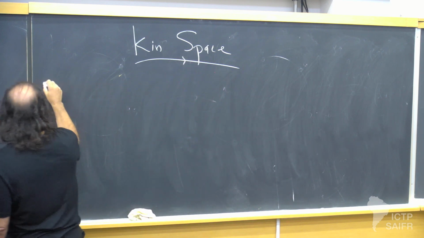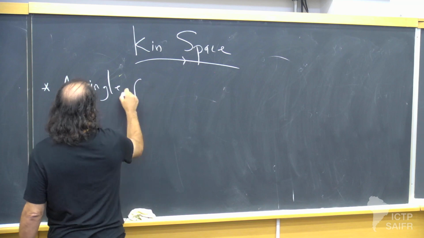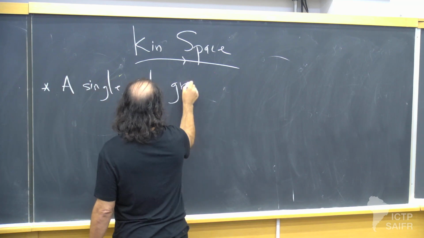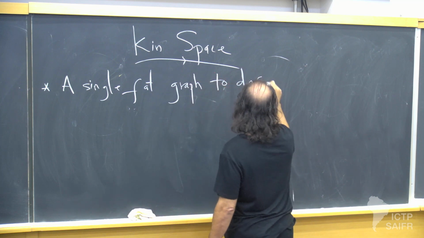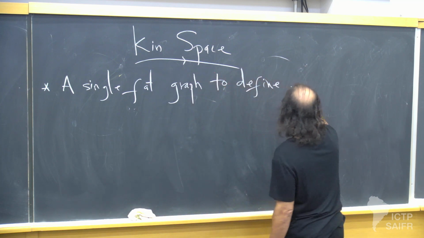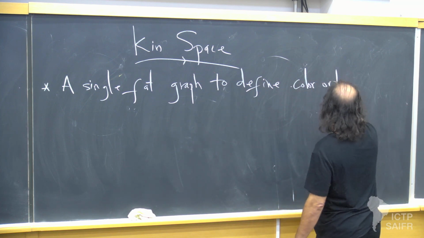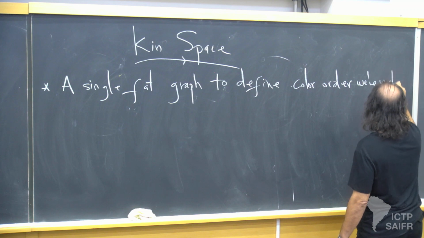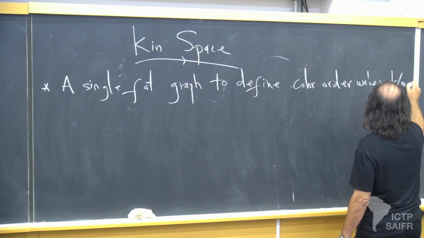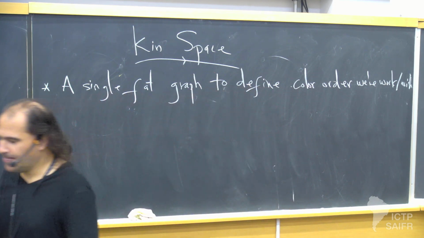We have a single fact graph to define the surface, to define the color order that we're working with. Okay, that just defines the order.